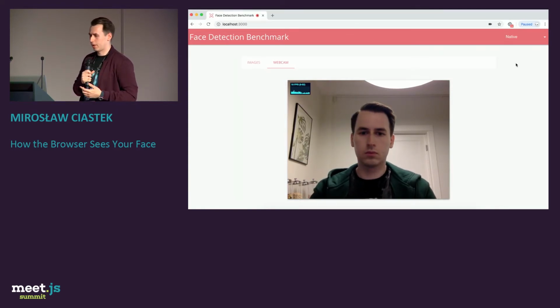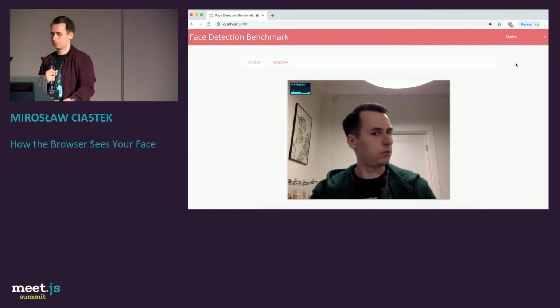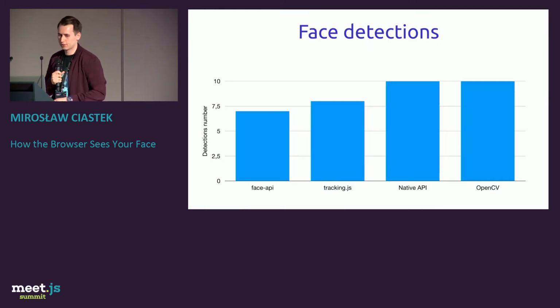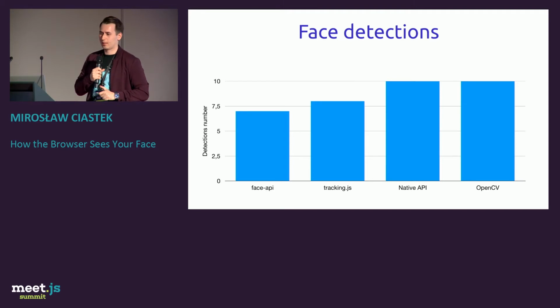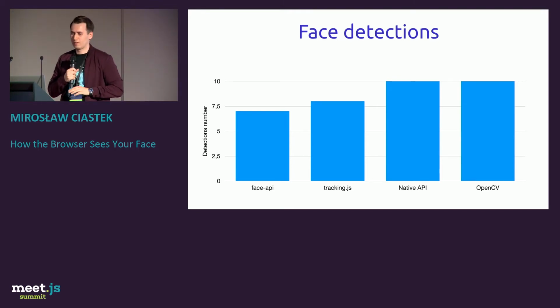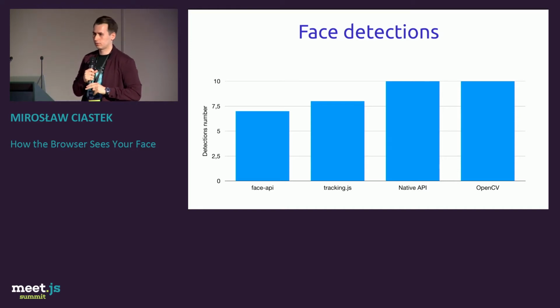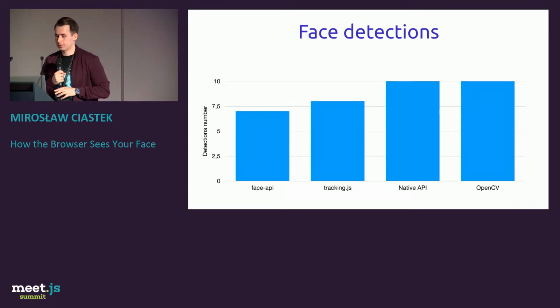Of course, the benchmark needs some charts, so I prepared one, or maybe two. The first chart shows you how many detections are made by each detector, each method. So here the native API and OpenCV are the best.